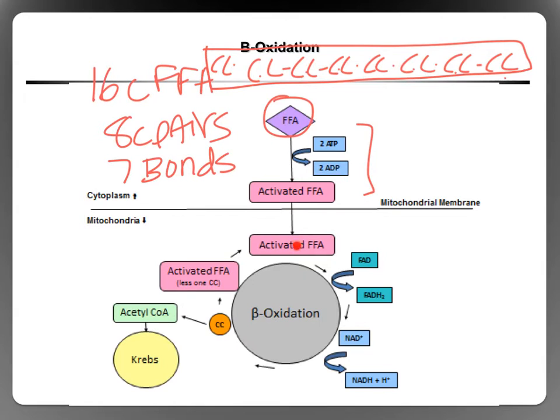And this activated FFA goes into the mitochondria. It goes through beta oxidation, and a carbon pair breaks off, makes acetyl-CoA, goes through Krebs cycle. So first let's talk about beta oxidation. We don't get any CO2 and we don't use any oxygen in the activation step.